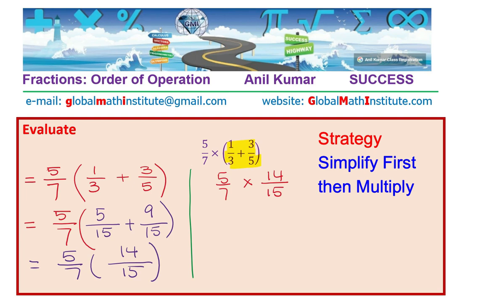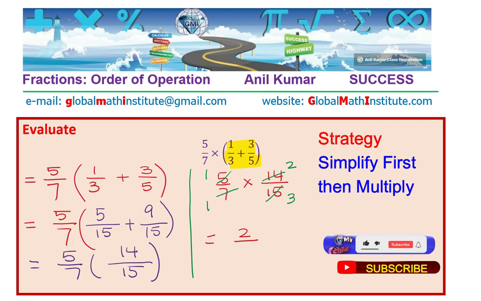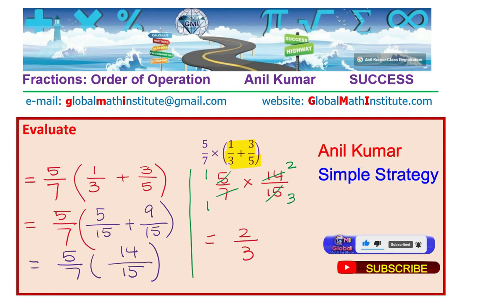When you simplify, you can divide 7 and 14 by 7, 7 times 1 and 7 times 2, and divide 5 and 15 by 5, 5 times 1, 5 times 3. Now it is very, very simple. As you can see, we get our answer 1 times 2 over 3. Do you see that? So that is how we should be doing it. The strategy to learn here is to simplify first and then multiply.